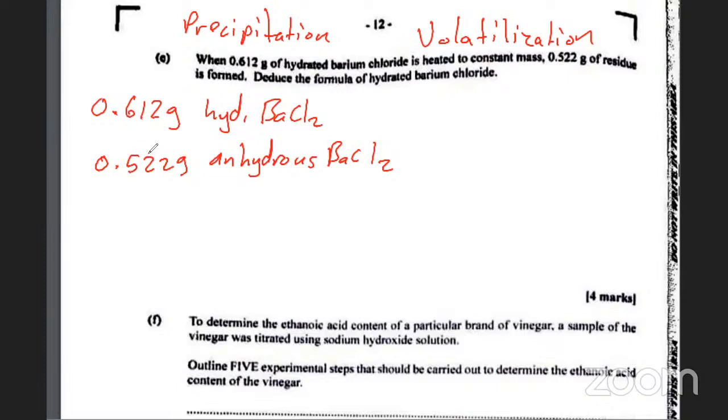In this calculation, the first thing we want to find is the mass of water that was given off. They already give you the mass of the anhydrous barium chloride. In this calculation, we use the mass of anhydrous barium chloride and the mass of water that was lost. To get the mass of water that was lost, you subtract anhydrous from the hydrated.